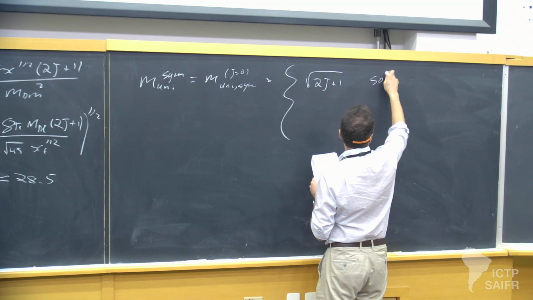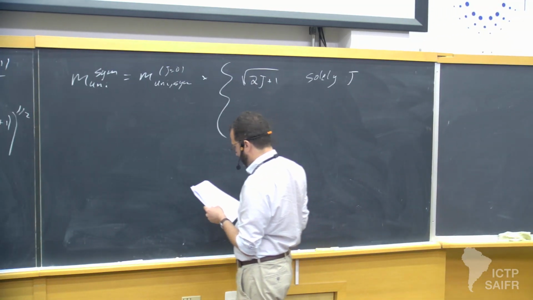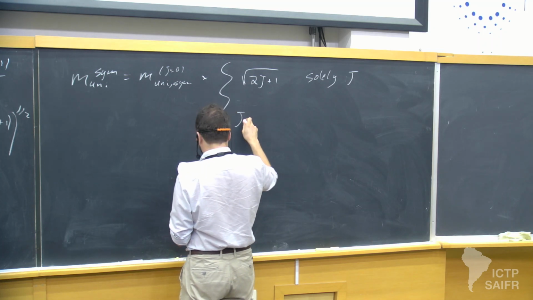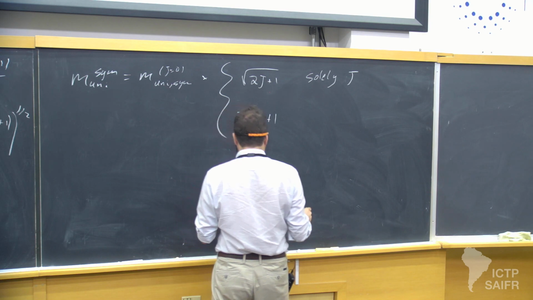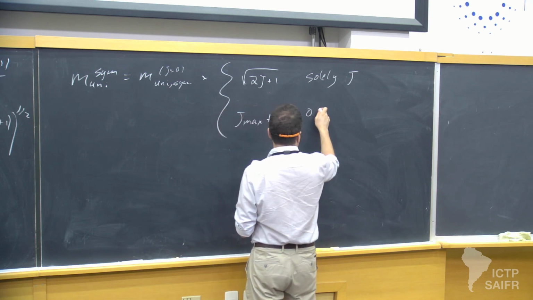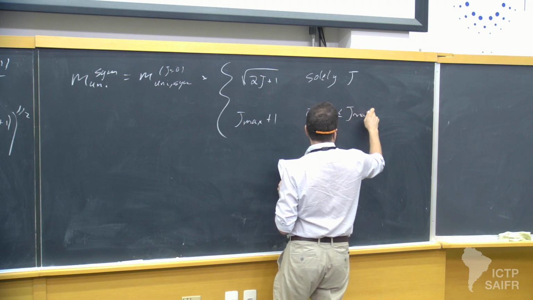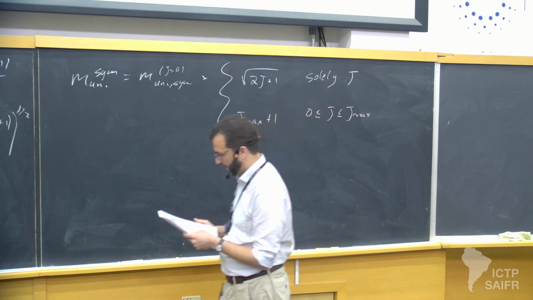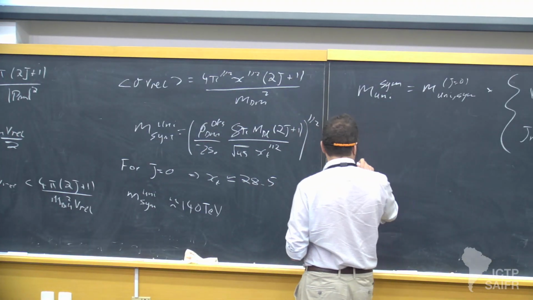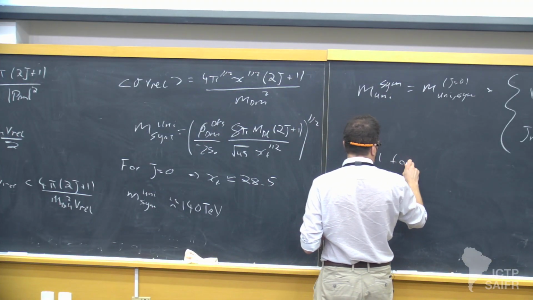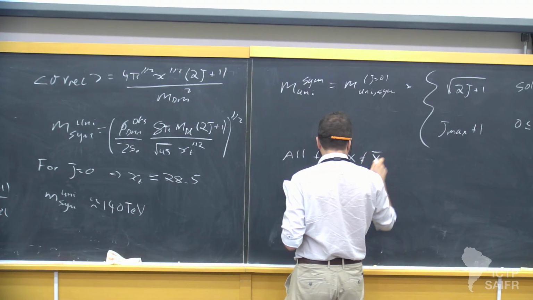So if we had solely one partial wave contributing, and if we had multiple ones, we have this sort of limit. Okay.